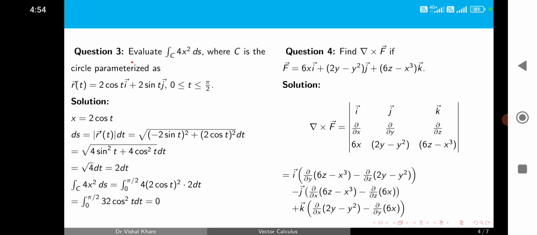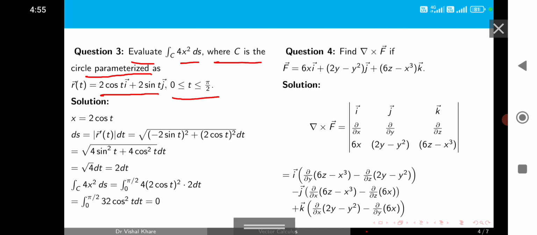Then question number 3, evaluate the integration of 4x square ds along curve C, where curve C is a circle parameterized as 2 cos t i bar plus 2 sin t j bar, and t lies between 0 and pi by 2. So here you can see the radius of the circle is 2.